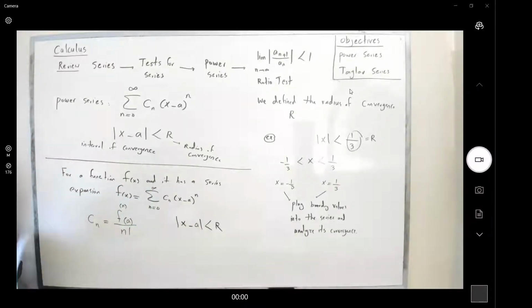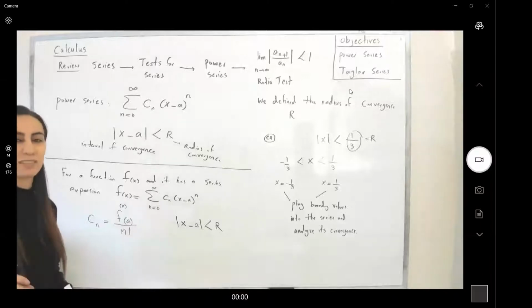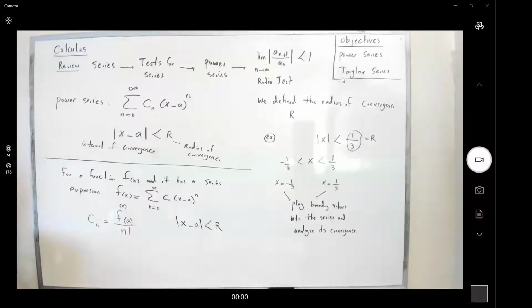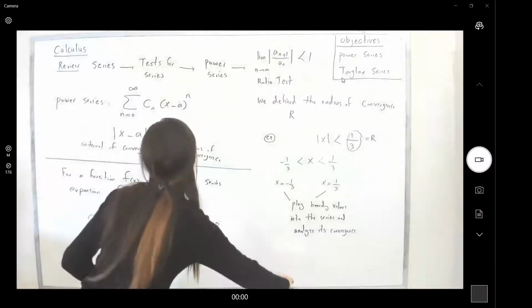Okay, let's take a look at one example. Then we go over two theorems and we try to analyze the remainder of a function. Let's take a look at one example.